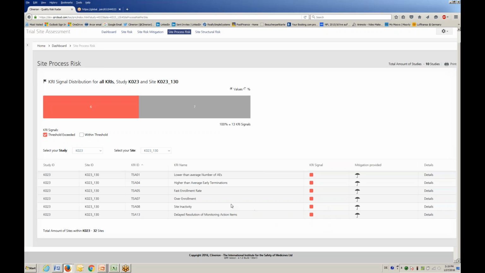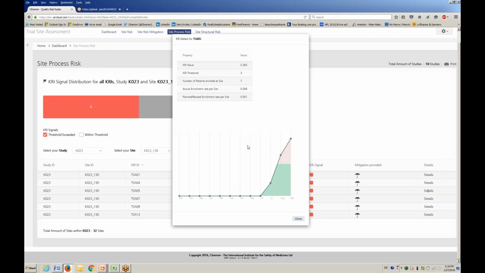And so if we wanted to better understand this and know what's going on further, then we can also look at the details of each one of the calculations that went into these KRIs. So I can go over here, for example, to this details link. When I click on that, then for this particular KRI, namely the fast enrollment rate, it's giving me some further insight here. It's telling me, how did it determine that?